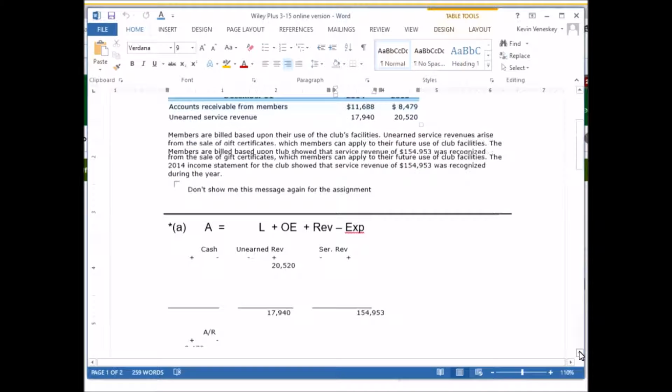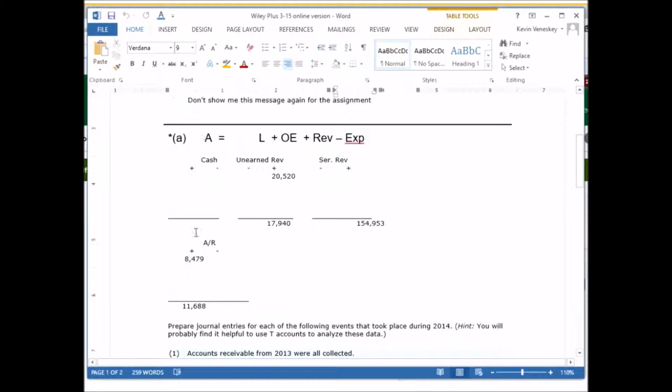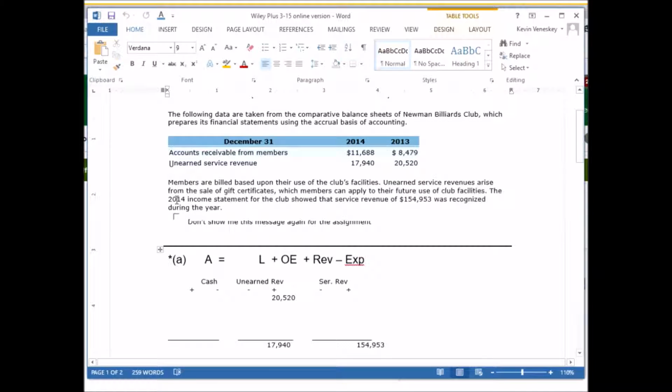Now, they also give us accounts receivable. So down here, I made an accounts receivable T account underneath my assets to show what we started with and what we ended with, knowing that some things happened along the way. And then the last thing it says here is the 2014 income statement. That's this year.